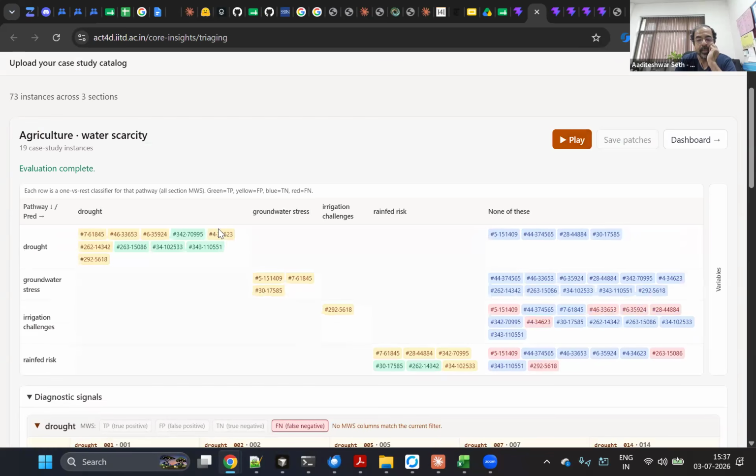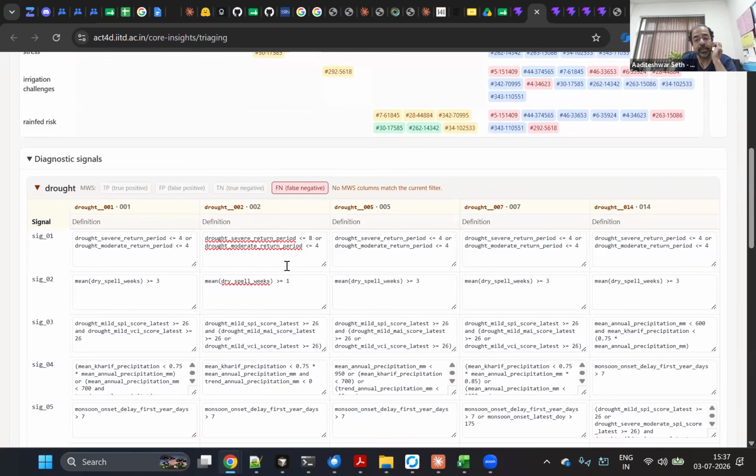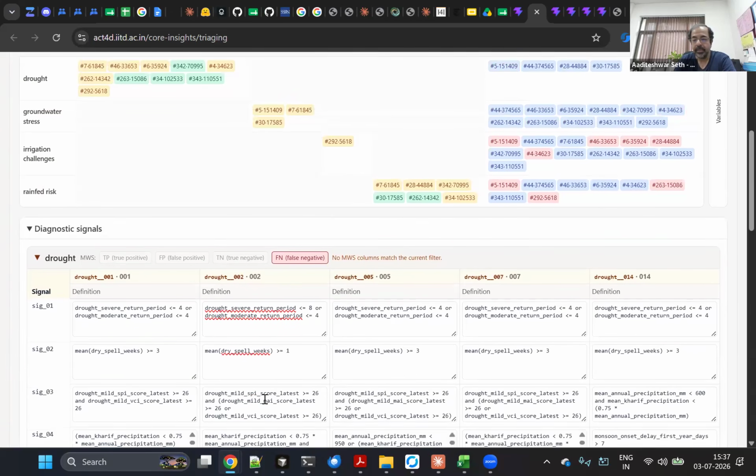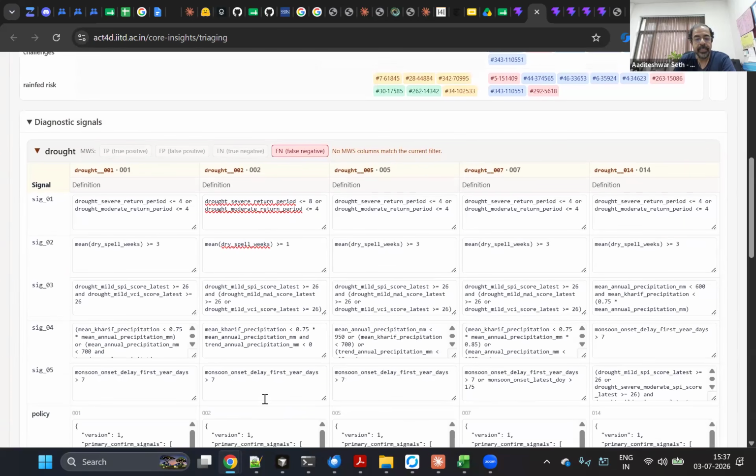So now it's gone, because two of those signals turn true. Of course, you can argue that this choice doesn't make sense. Well, I'm just showing it for demo purposes. But the idea is that you can fine tune these thresholds to get them right. And then you can save them as patches and they go into the signal definition for that particular area.